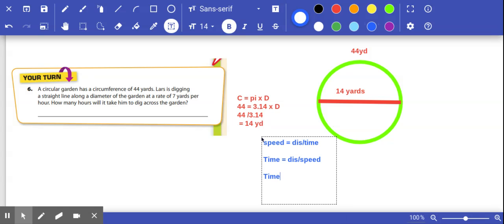So our time equals our distance, 14 yards, divided by the rate we're digging at, 7 yards per hour. Well, I guess you can probably guess, it's 2. So that means it's going to take 2 hours. So what's the answer? 2 hours to dig across.